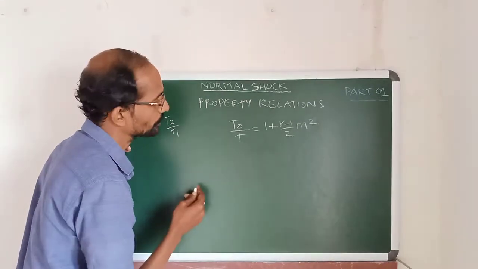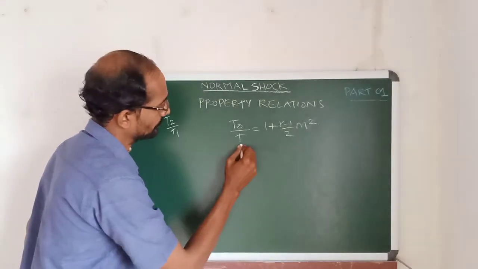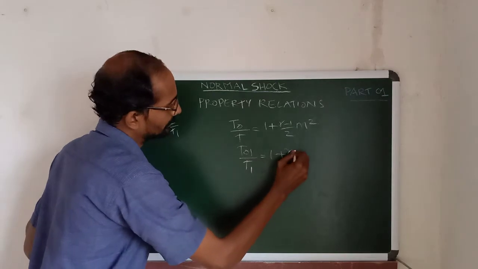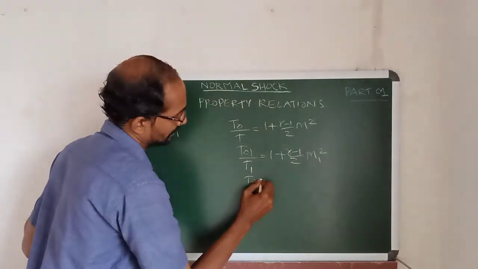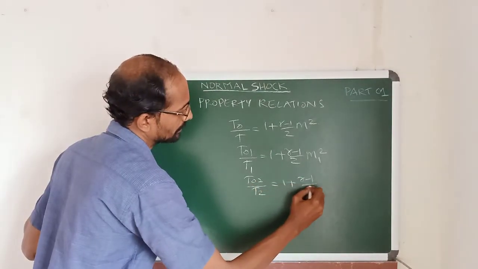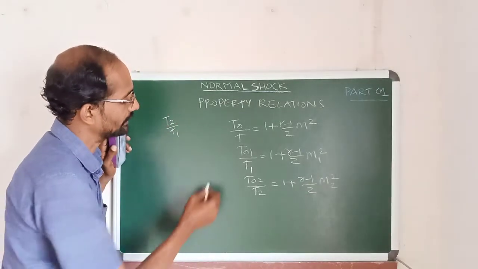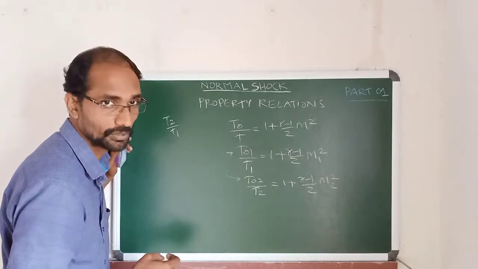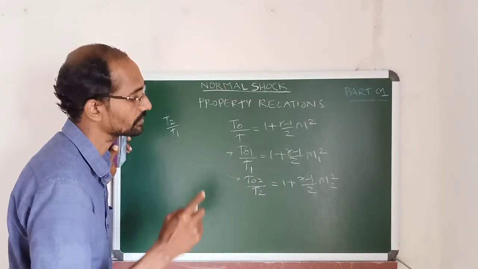Now I am going to write this same expression for state 1 and state 2. T0 by T equal to 1 plus gamma minus 1 by 2 M square. And we know that as far as the normal shock is concerned, the stagnation temperature remains constant. This is because the stagnation enthalpy must remain constant across a shock wave.